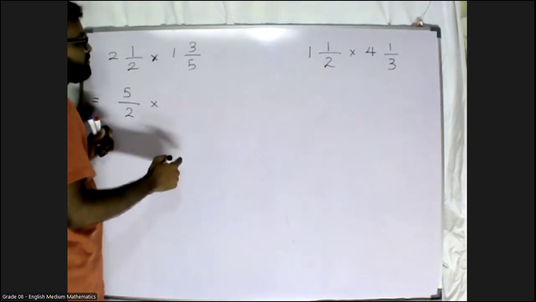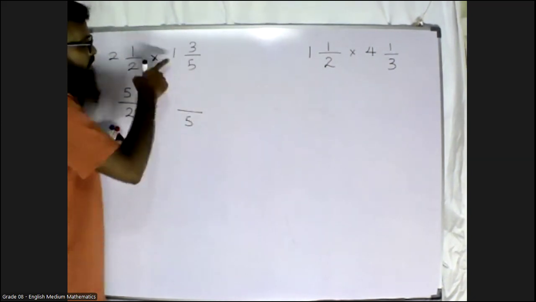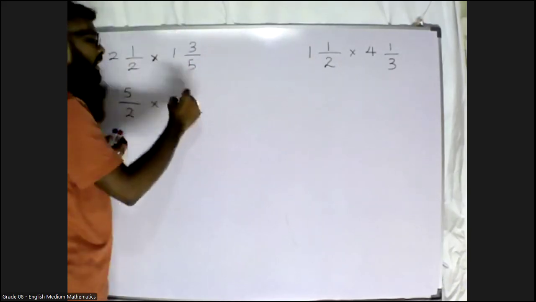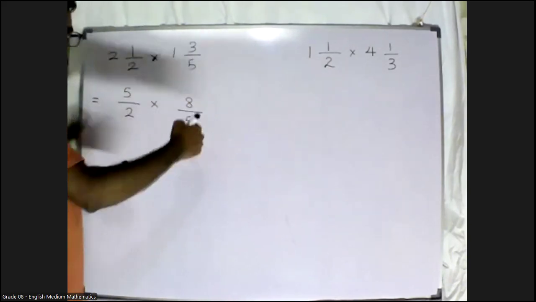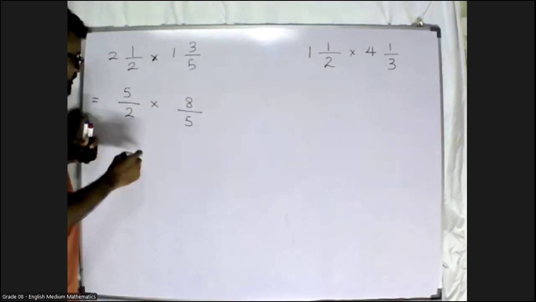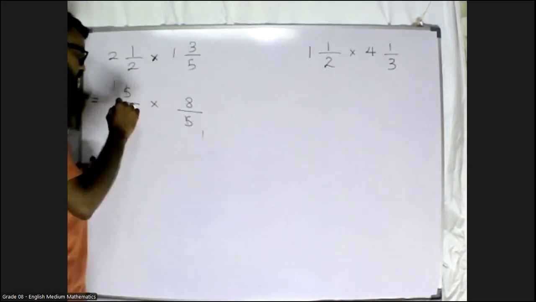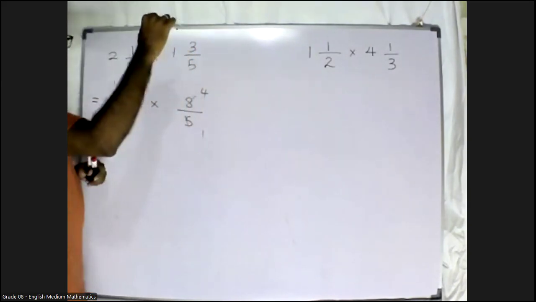Multiply. Denominator is 5. 5 times 1, 5. 5 plus 3, 8. Numerator is 8. Can you simplify this more, numerators and denominators? Yes. 5 times 1. 5 times 1. 2 times 1. 2 times 4.